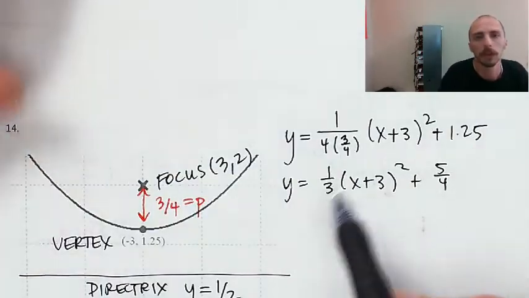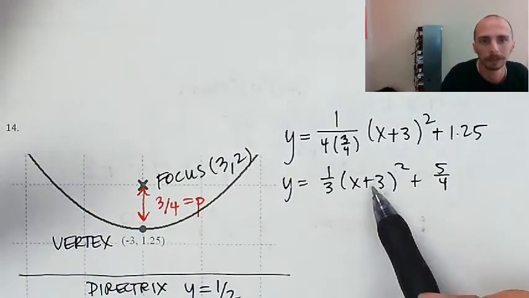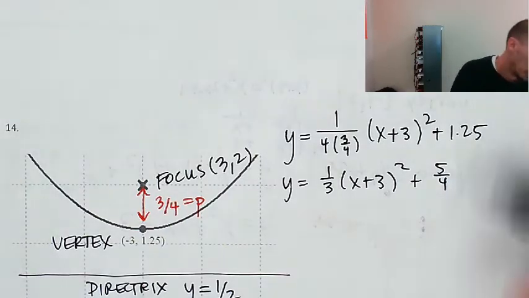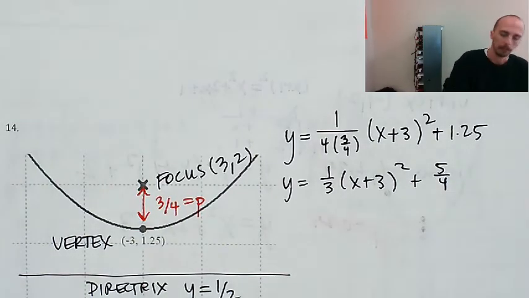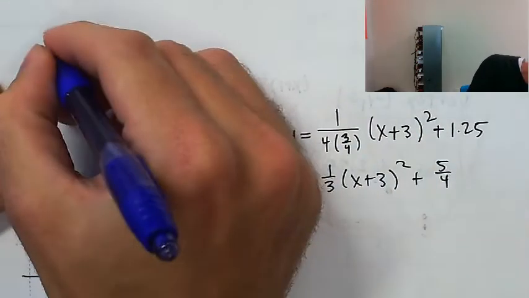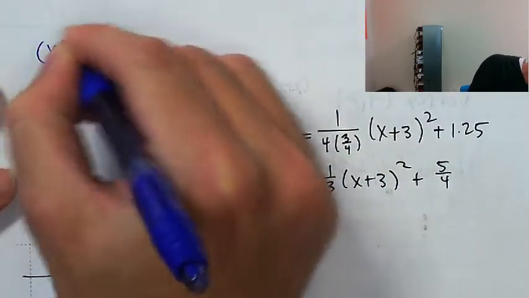I'm going to use a fraction because I can see that when I multiply by 1/3. I might go back to decimal at the end. But at this point, what I need to do is square x plus 3. I've already done that once in this video.